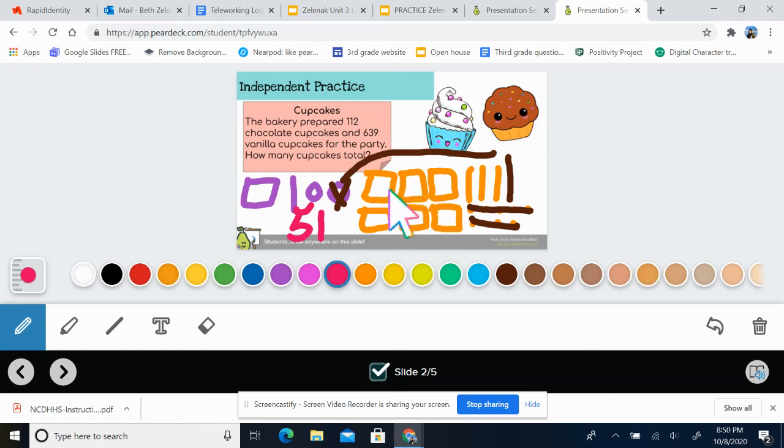So I have 600 right here, and then another 100 is 700. So I put a 7 in the hundreds place, and I get an answer of 751. I want to ask myself, does that answer make sense? If I have 600 plus 100 is 700, yeah, I think I'm on track.